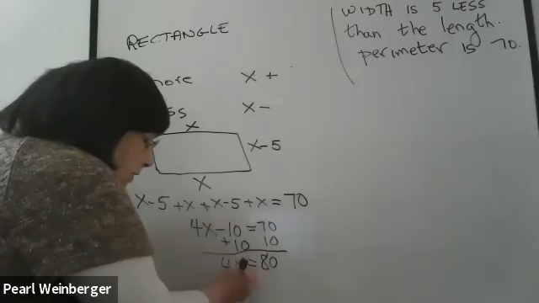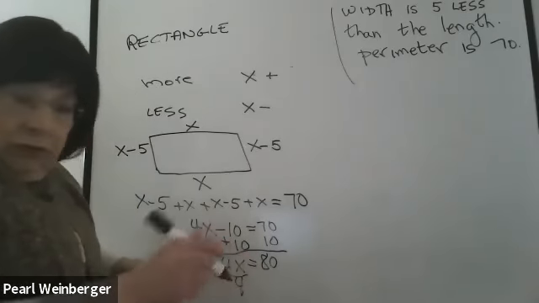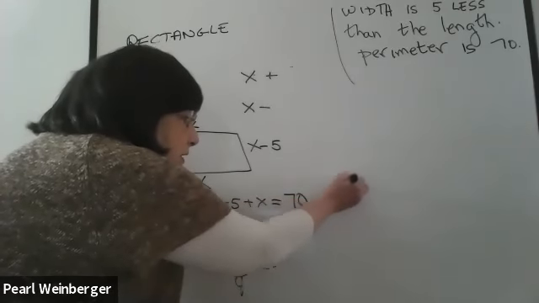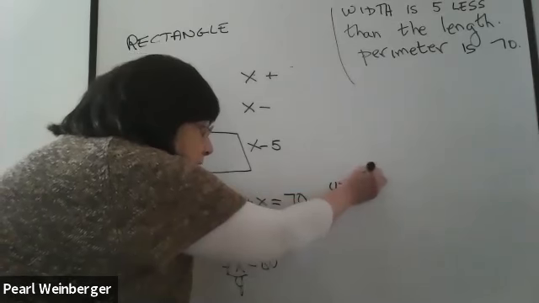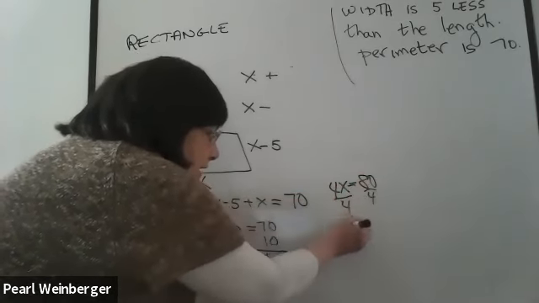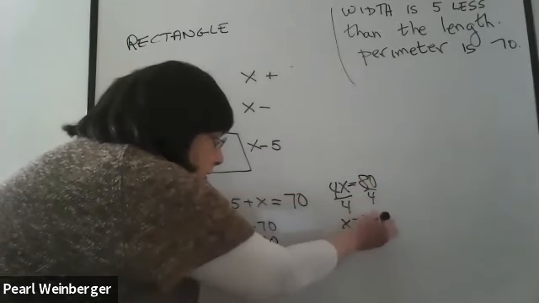And then I'm going to divide by 4. I have 4X equals 80. And I divide by 4 to get X equals 20.